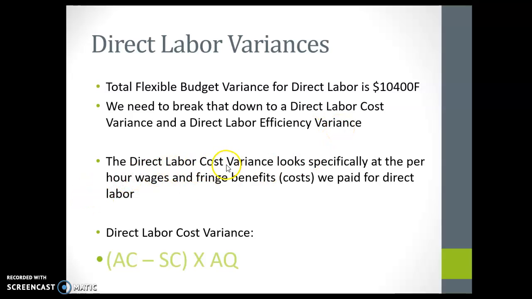So again, the direct labor cost variance, just like with direct materials, uses the same formula: the actual cost per hour minus the standard cost per hour, then multiplying that amount times the actual quantity of direct labor hours. So for the cost, we're looking at both the average hourly wages plus any fringe benefits average per hour that we're paying for the direct labor.